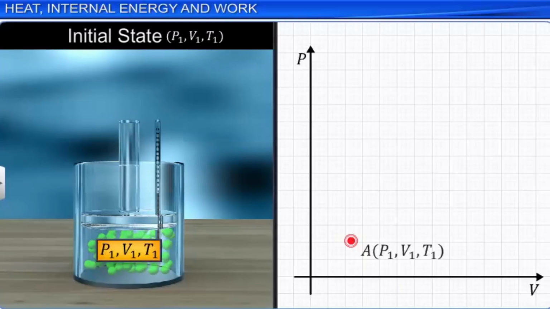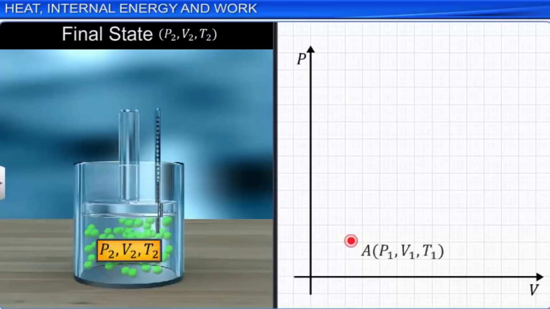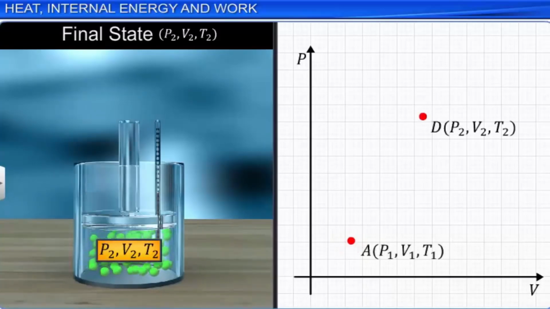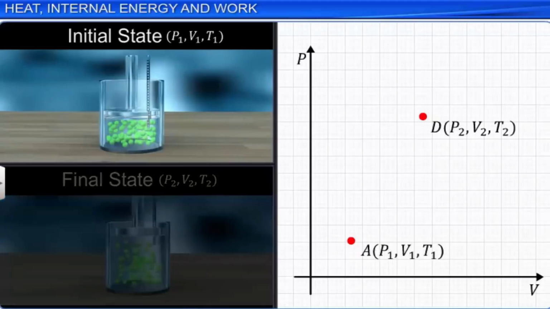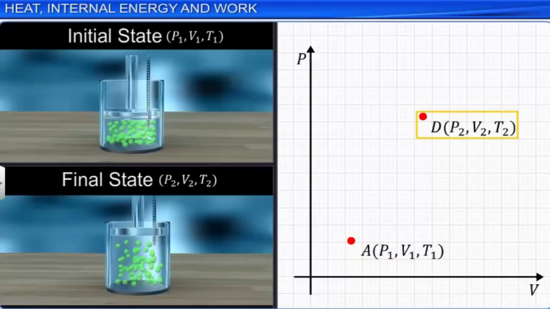Let us take the gas to a new or final state described by P2, V2, T2 and identified by D in the PV diagram. We shall take the system from the initial state A to a final state D in two different ways.